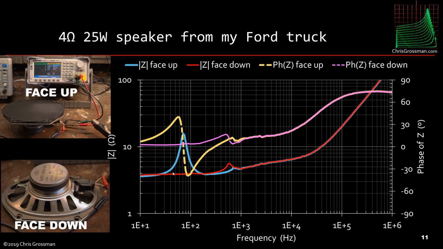And the other thing you'll notice is this resonance here at 70 hertz is gone, and it's moved out to about 550 hertz, and it's much smaller. You can also see the big phase response we had at 70 hertz. We get a similar phase response here, but it's smaller.